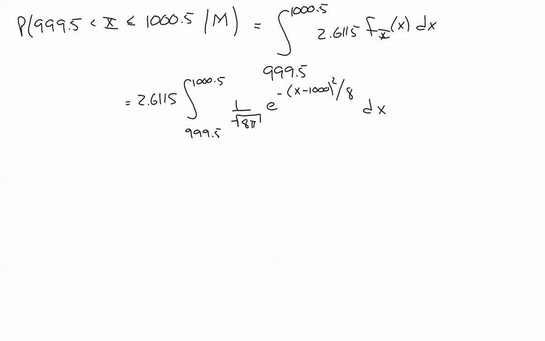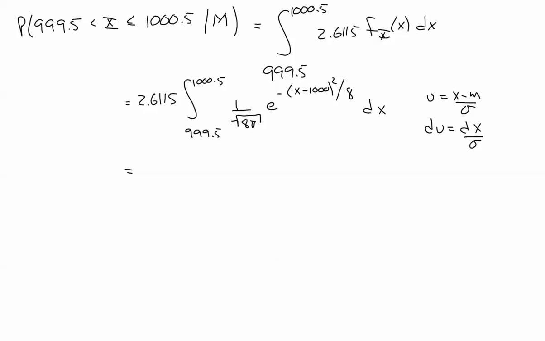Plugging in my non-conditional PDF, I get there. Now I'm going to make a change of variables. I'm going to let u equal x minus m over sigma and du equal dx over sigma.